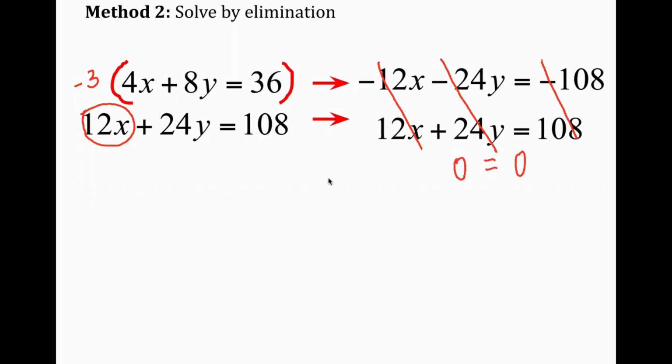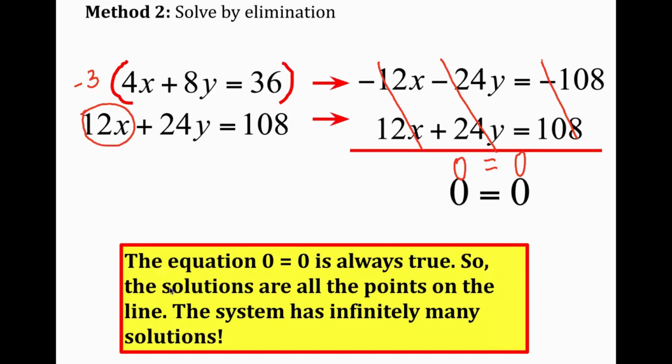And again, when you get something like this, where a number is set equal to another number, you just have to evaluate whether it is true. 0 is equal to 0, so we know that this system has infinitely many solutions. This is because the equation 0 equals 0 is always true. And notice that this answer, again, is the exact same as what we got when we graphed it.